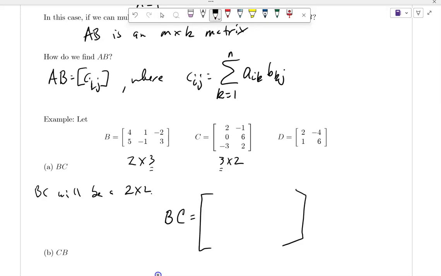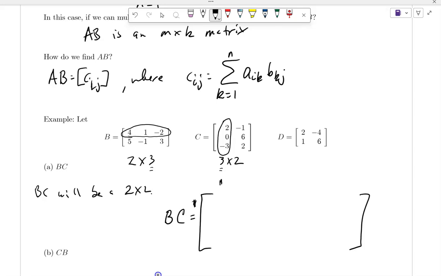I'll write it out longhand. I'm hoping eventually you'll get comfortable with it and you won't have to write out all the products all the time. You don't have to write these numbers on the outside; I'm just doing it to show how this works. I want the row 1, column 1 entry of b times c. To get it, I'm going to use row 1 of b and column 1 of c and match them together.